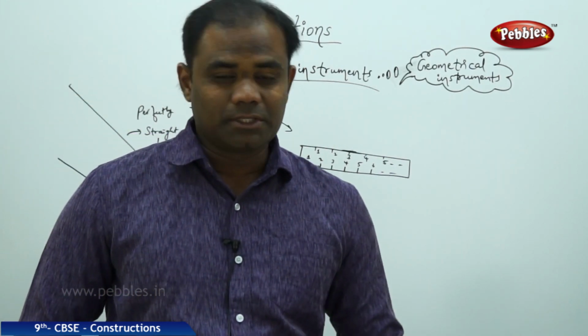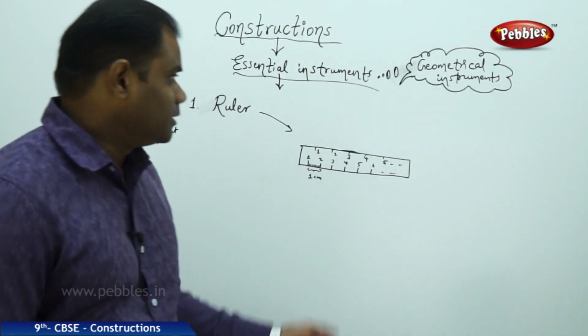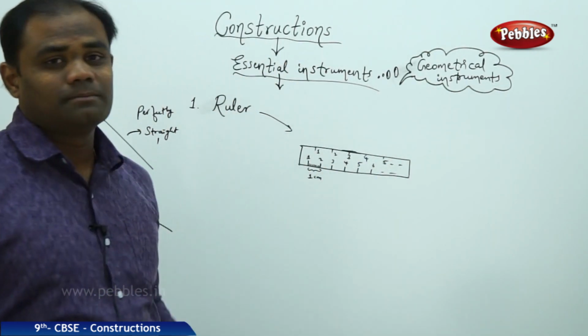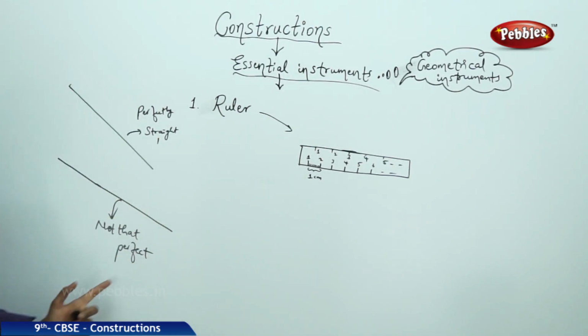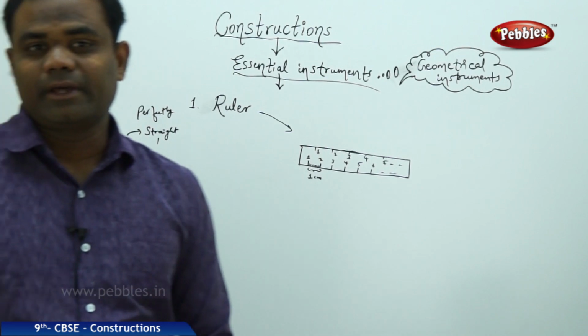The first essential instrument in the geometrical list of instruments is a ruler, because it gives a perfect straight line, and a hand drawn line does not give me a perfect straight line.